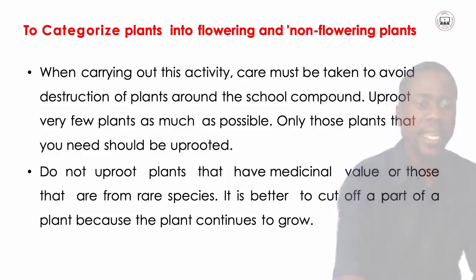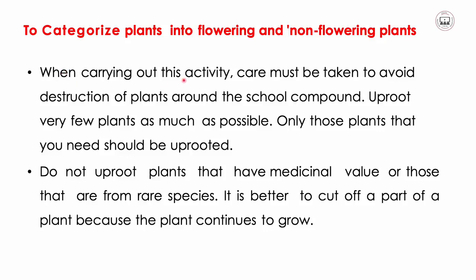When carrying out this activity, care must be taken to avoid destruction of plants around the school compound. You should uproot very few plants as much as possible. Only those plants that you need should be uprooted.